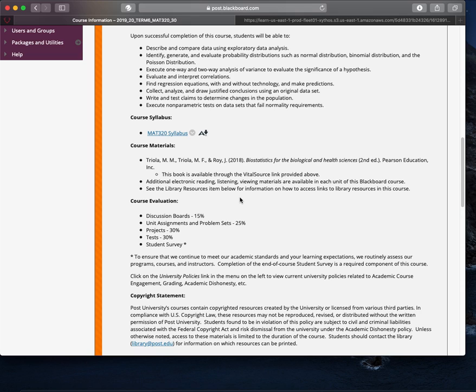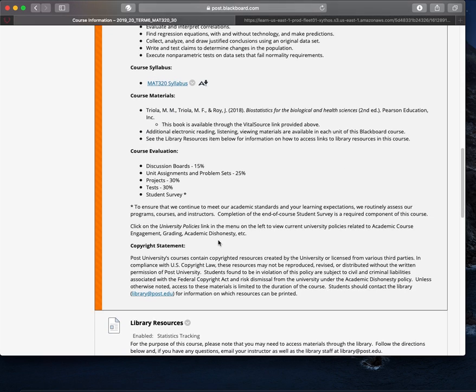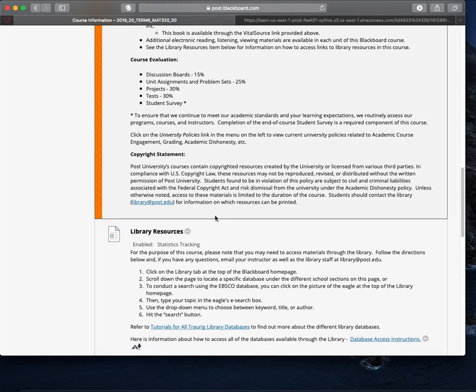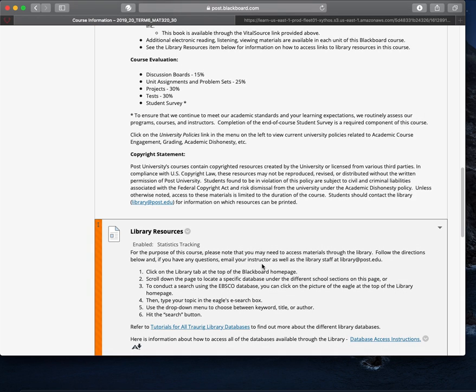The tests, and then at the end of this term, there'll be a survey for you to complete, which you have seen through your various courses here at the university. There's a university policies link. I'll show you that once we get to it. There's a copyright statement here informing about the copyright law and whatnot, which you can read here on your own time.